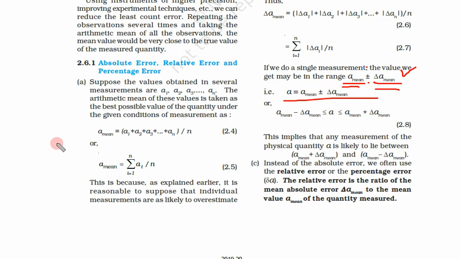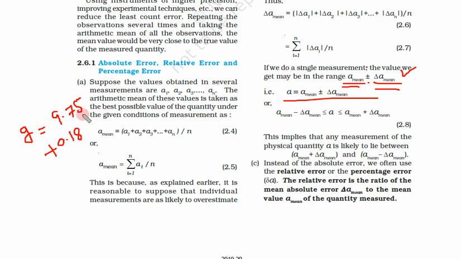Let me show it this way. Suppose a measurement is done for g, and suppose we don't have the standard value. So we took first the average value of the measurement. We did 5 measurements and the average value we get is 9.75. And then we calculated the average error, and that average error comes out to be 0.18.